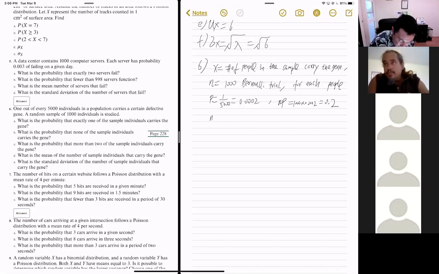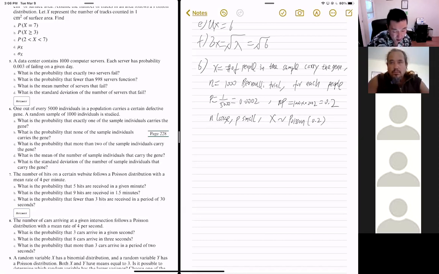N large and P small, so we can use Poisson distribution to describe that. Lambda is equal to NP, which is 0.2. So we can use Poisson distribution with lambda 0.2 to do the calculation.